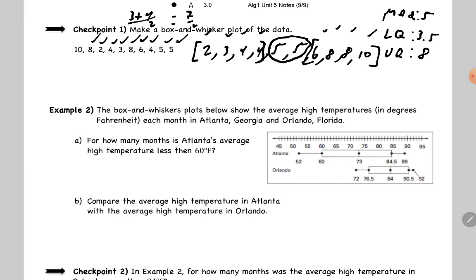Okay. Now we're going to create a number line. Let's start at 2. 3, 4, 5, 6, 7, 8.